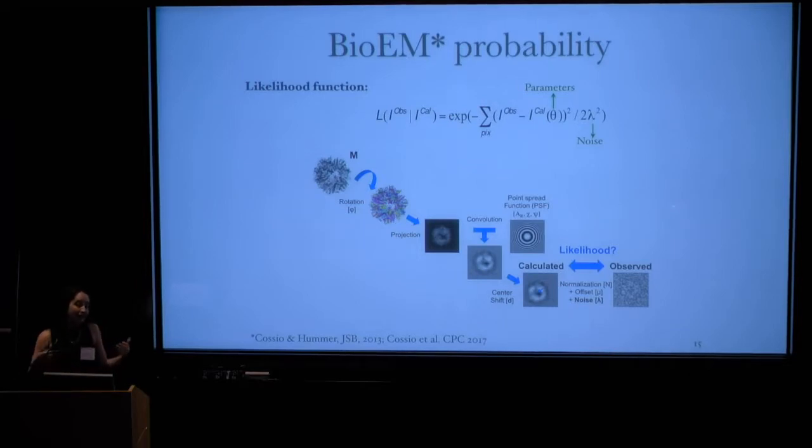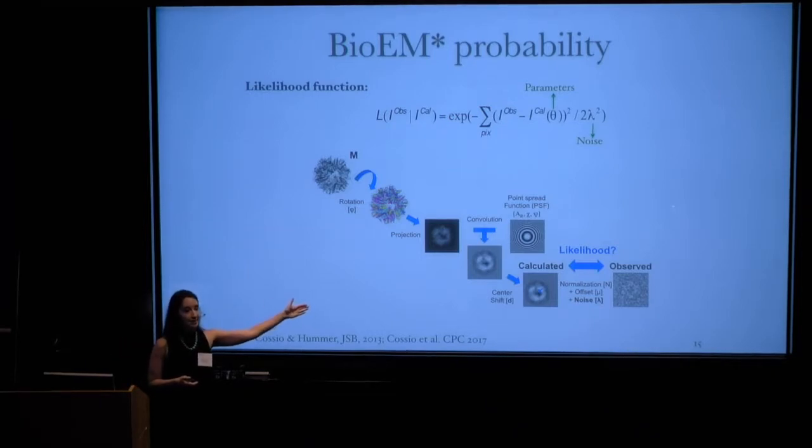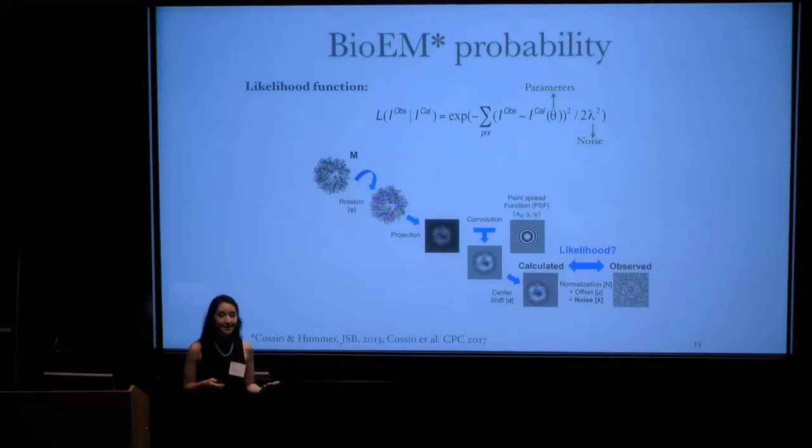And so basically, this is a measure of how similar is the calculated image to the observed image, given all this set of parameters. So because we do Bayesian analysis, we're going to integrate over all the parameter sets. So we're going to explore all of these different parameters. And at the end, we're going to have a number, a probability of this map.